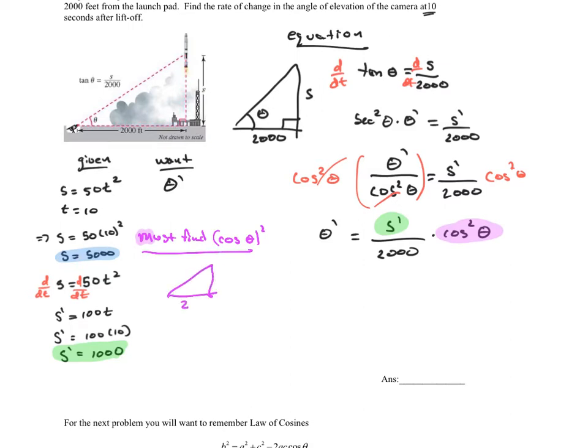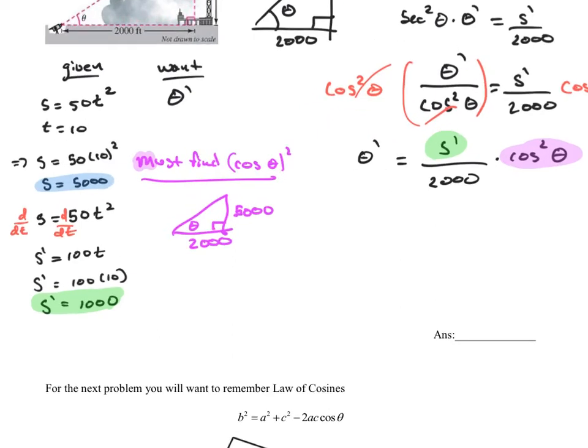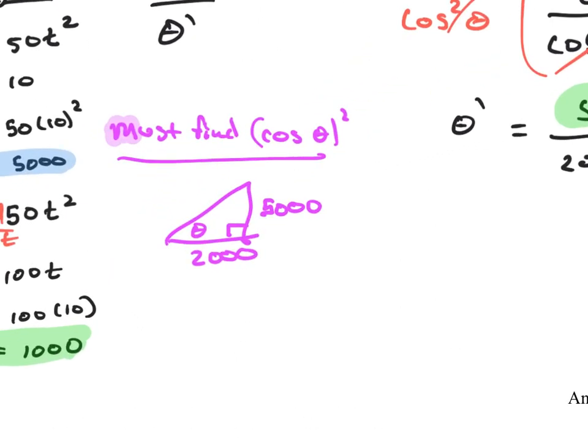In this moment in time, when this is theta, and the bottom is 2000, I also know what S is. Isn't S 5000? So if I want to find out what cosine theta is, isn't cosine theta the opposite over the hypotenuse? Or sorry, adjacent over hypotenuse. Cosine is adjacent over hypotenuse. So that means I need to find the hypotenuse in this situation.